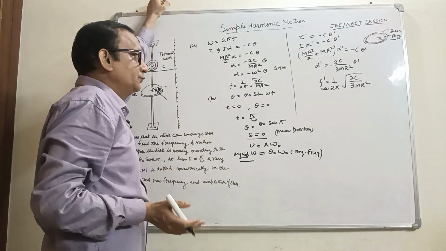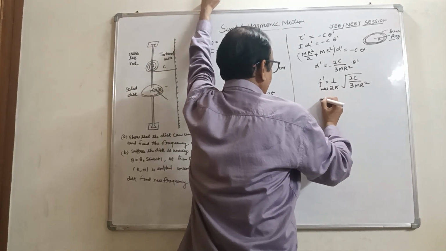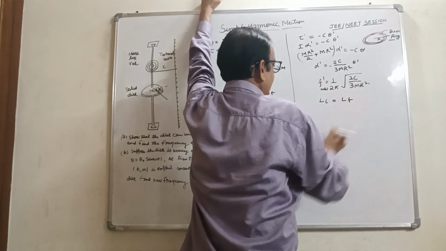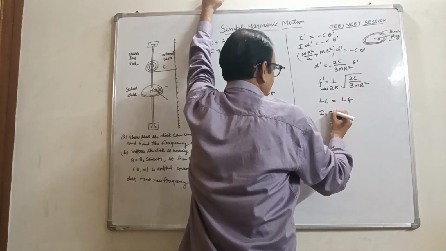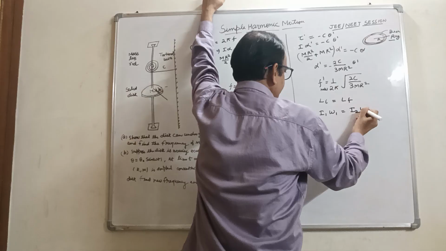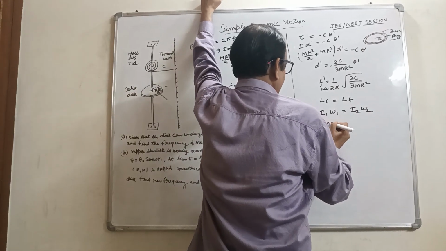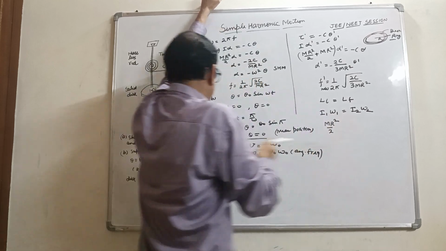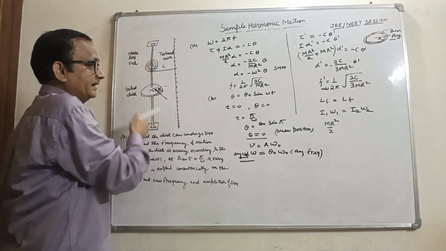And we have to calculate the amplitude of the SHM, the angular amplitude. So we conserve the angular momentum, initial and final. Angular momentum initial I1 omega 1 and I2 omega 2. So I1 is mr square by 2, the moment of inertia in the first condition when only the disk is rotating.